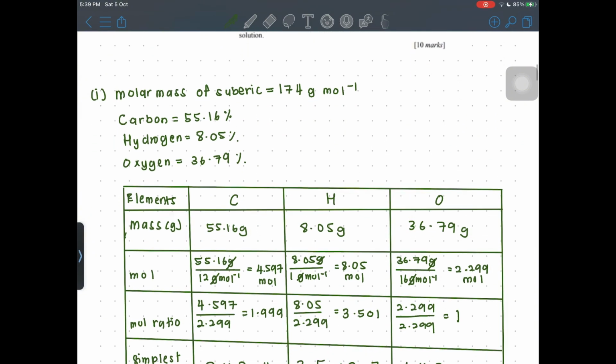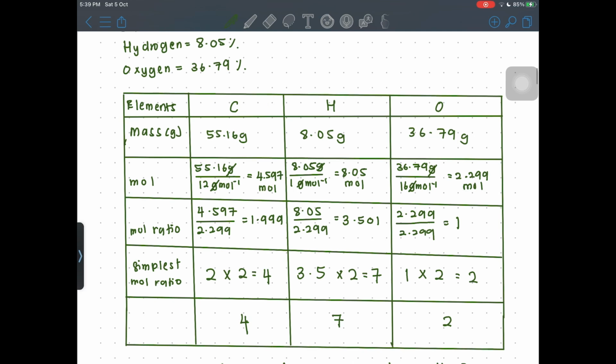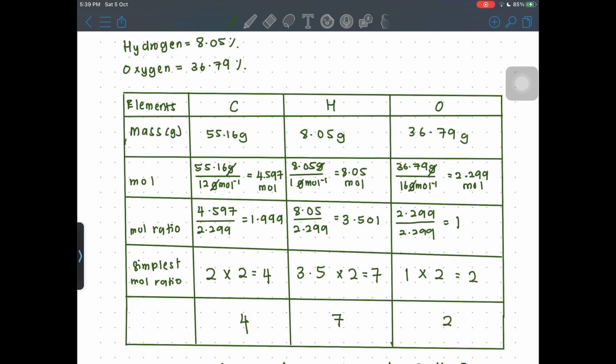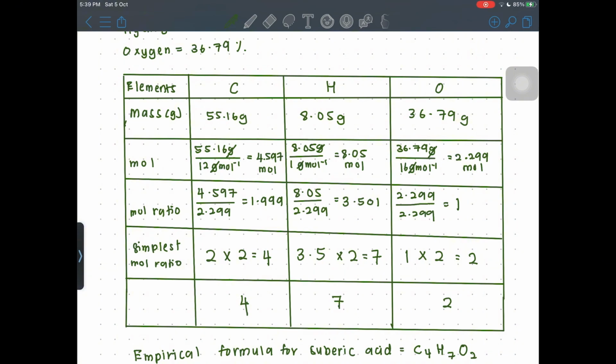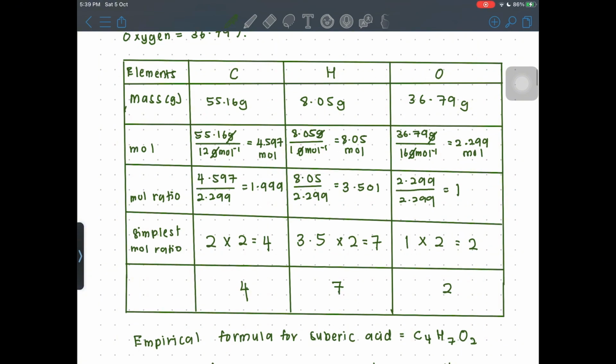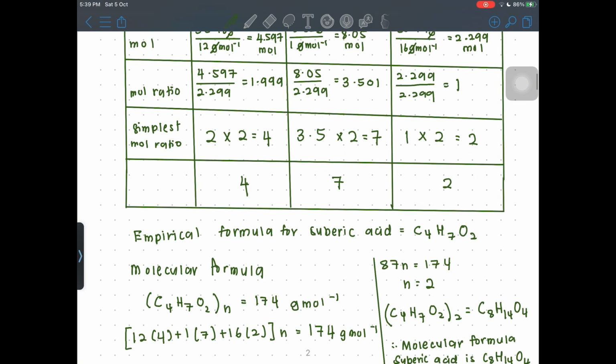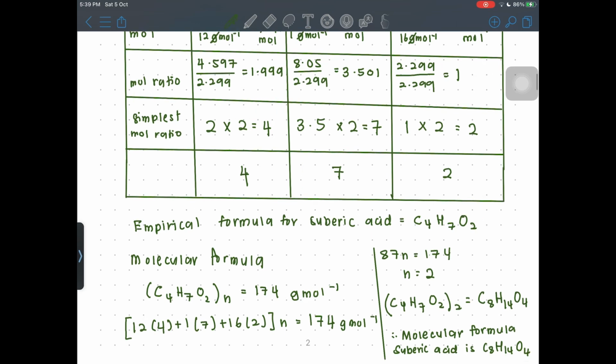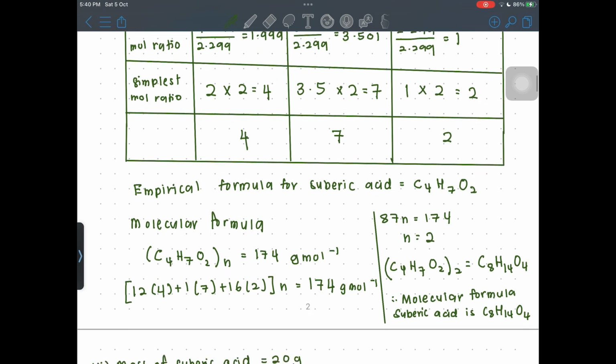And then we can calculate the mole by using the formula mass over molar mass, and then we can calculate the mole ratio by dividing the moles that we get with the smallest mole, and then we will get the simplest mole ratio. But we need to remember that we cannot round off the number, so we need to times it with 2 because we want to get the nearest whole number. So the answer for this question is C4H7O2.